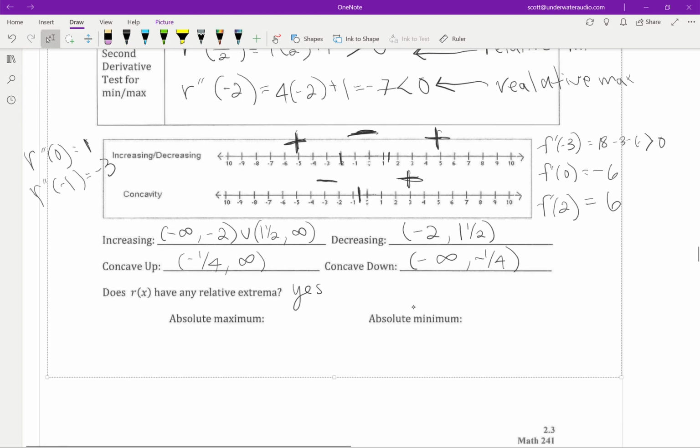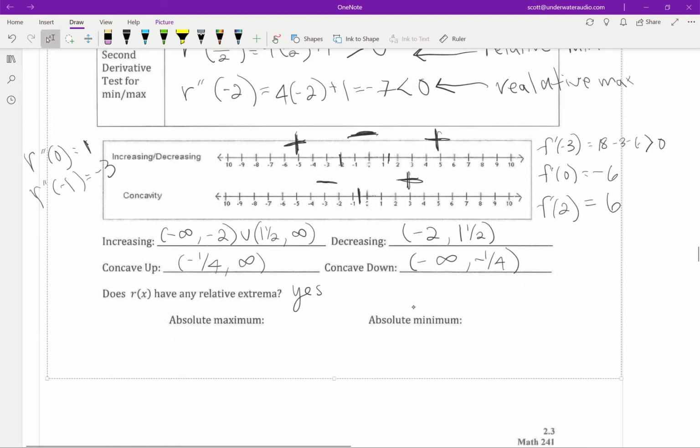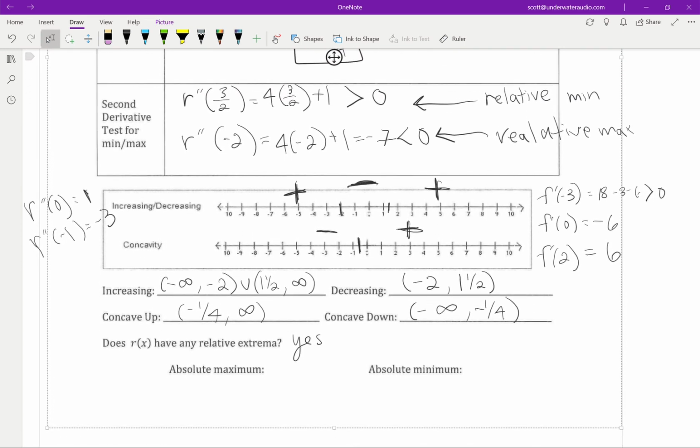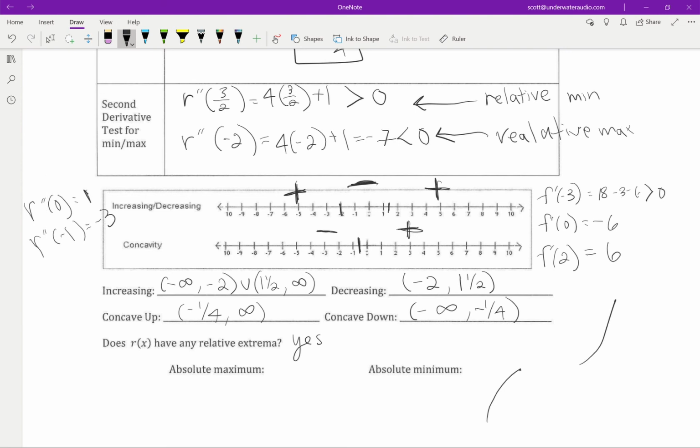And now the question is, is there an absolute maximum and an absolute minimum? To answer this question, I want to try drawing a picture to see what we can guess. I know it's increasing from negative infinity to -2, and then from 1 1/2 to infinity. And I also know that it's decreasing in between, so maybe it'll look something more like that.